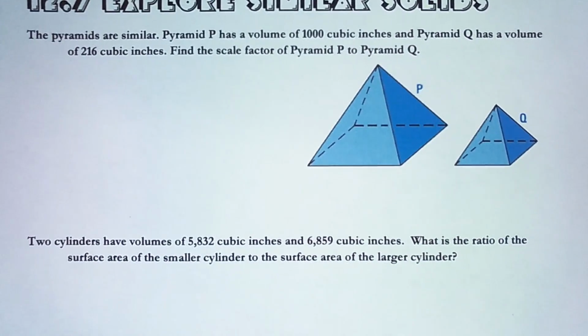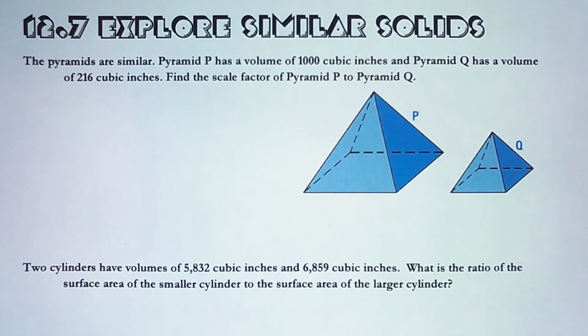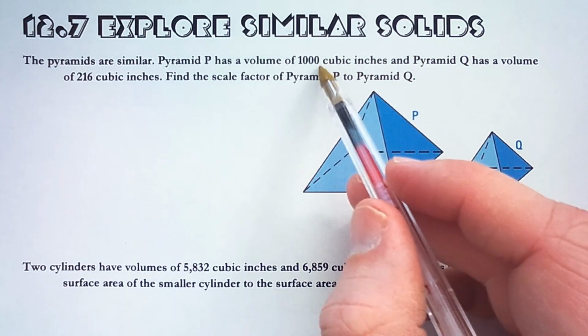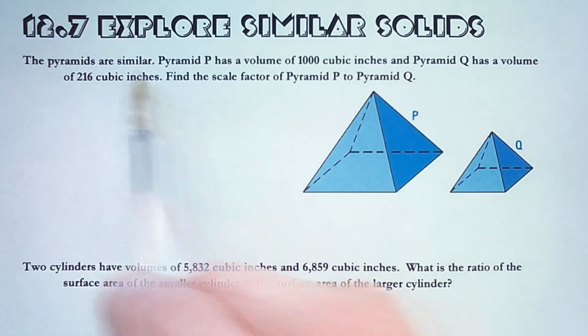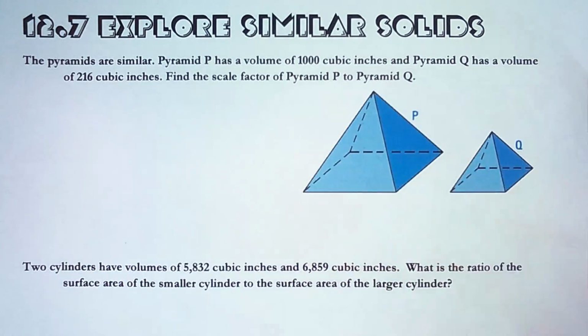Okay, so let's use that information here on this next page. These pyramids are similar. Pyramid P has a volume of 1,000 cubic inches, and Pyramid Q has a volume of 216 cubic inches.